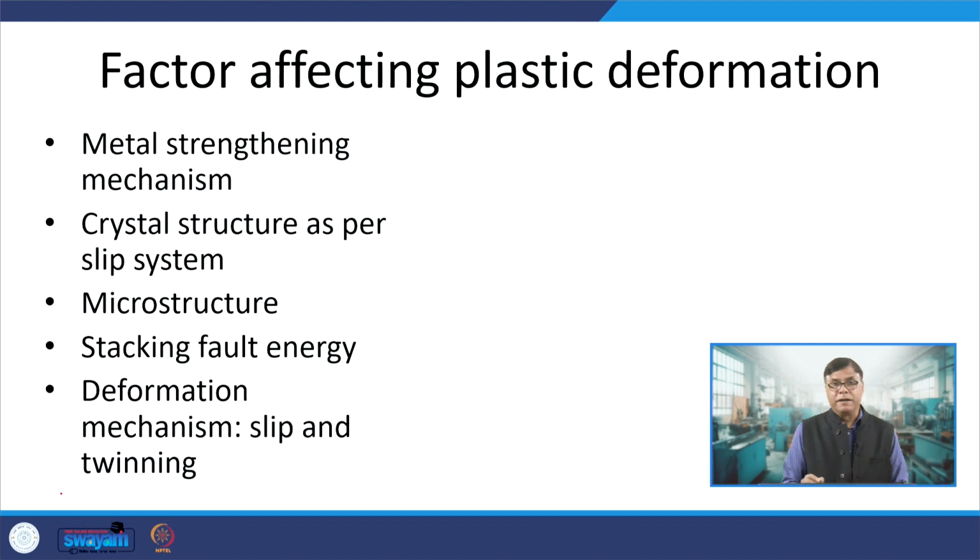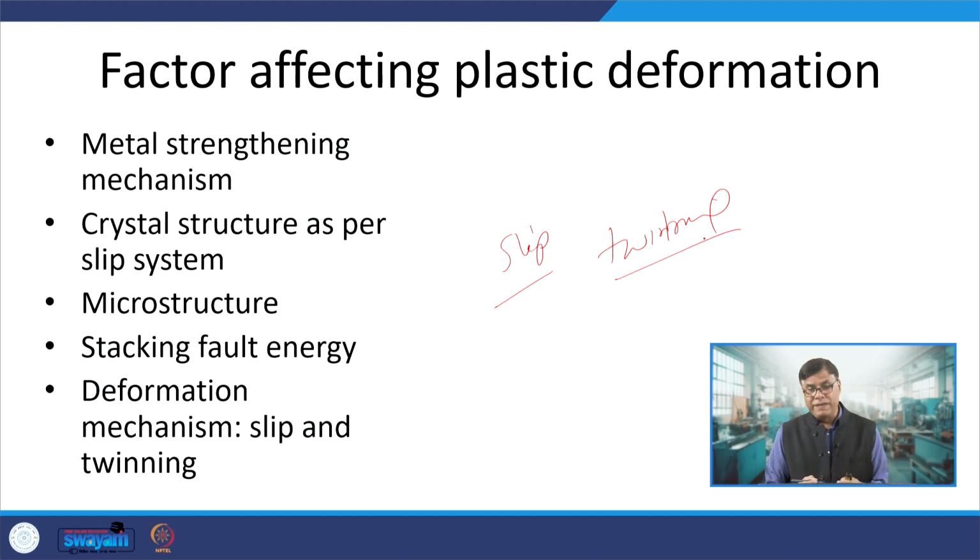And then deformation mechanisms: slip and twinning. These are the two deformation mechanisms based on dislocation movement. These two mechanisms will be active under different strain rate conditions and temperature conditions.